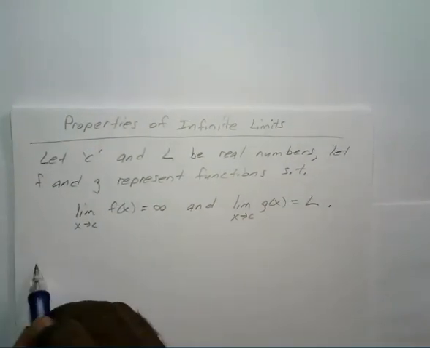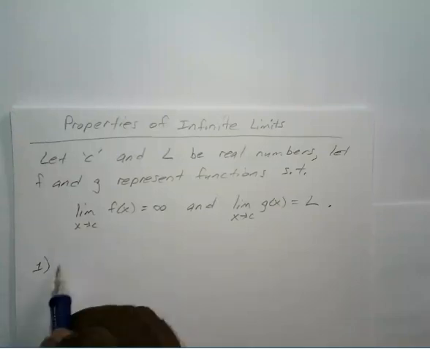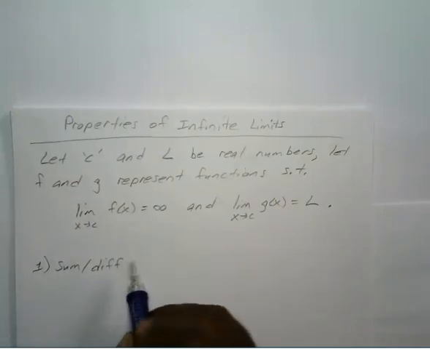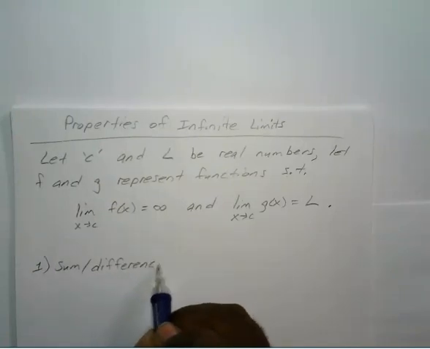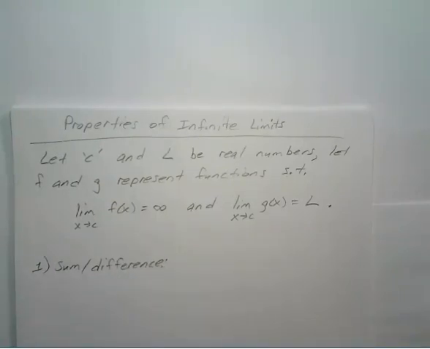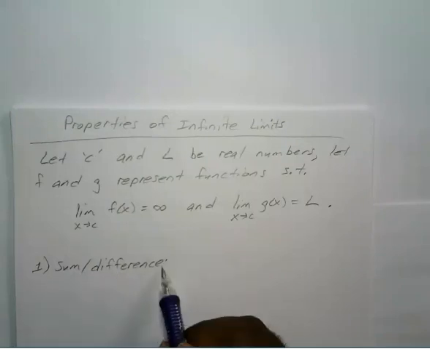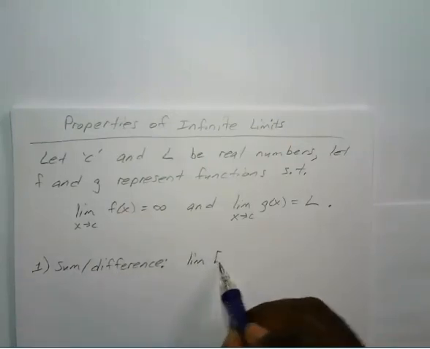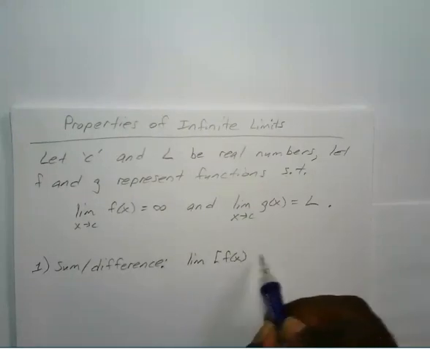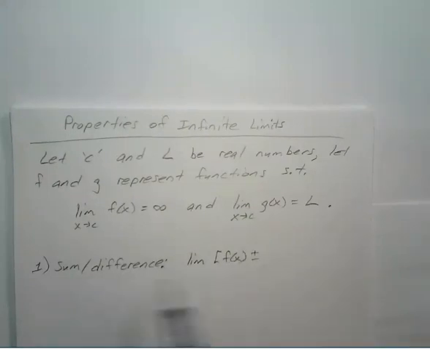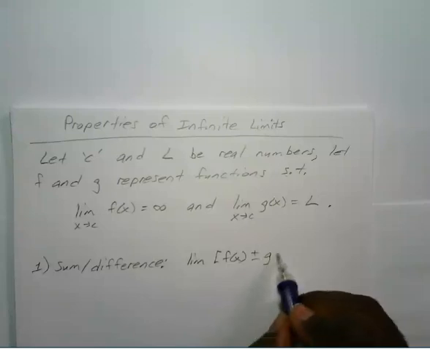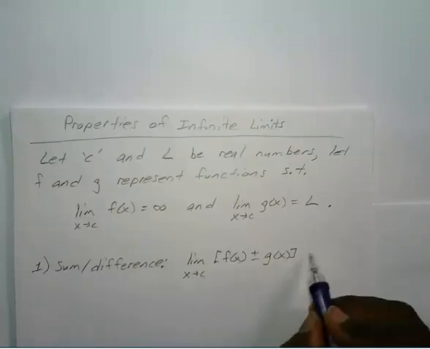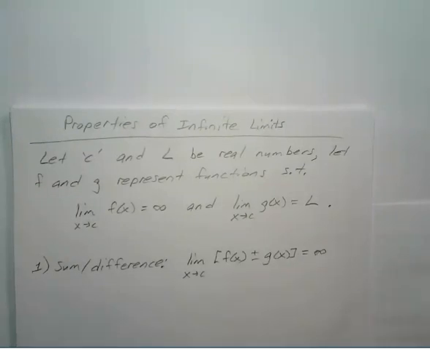Alright, so one, we'll look at the sum or the difference, or basically adding and subtracting. Let's say the limit of f of x, either plus or minus because they're both the same, g of x as x approaches c is going to be infinity.